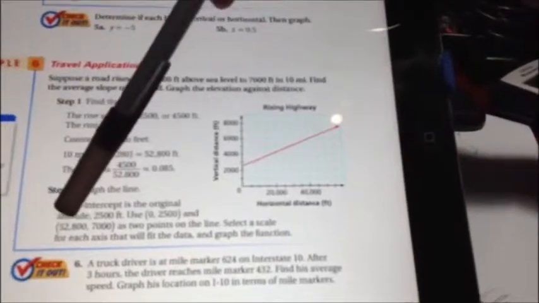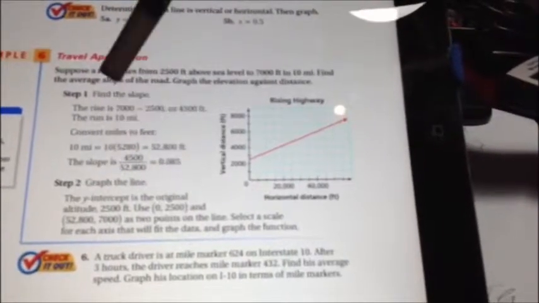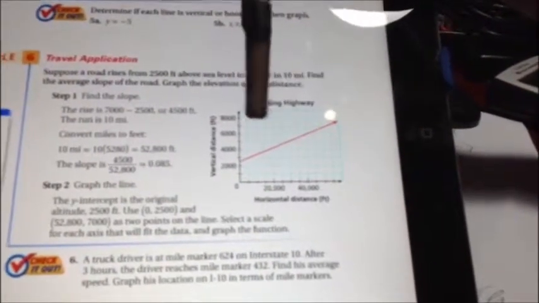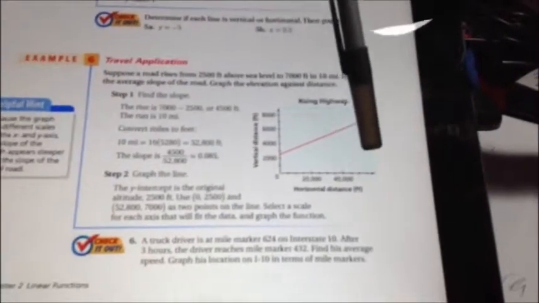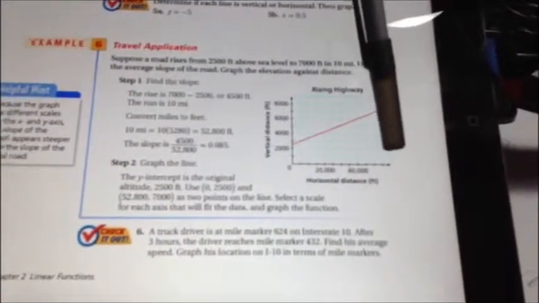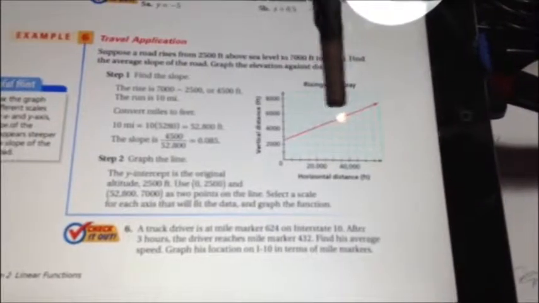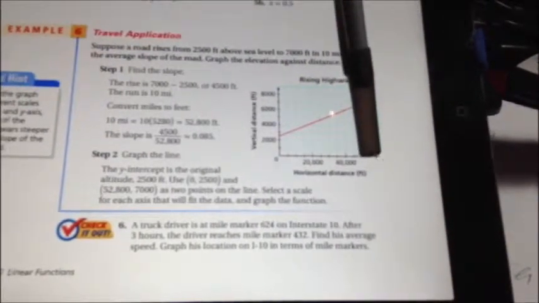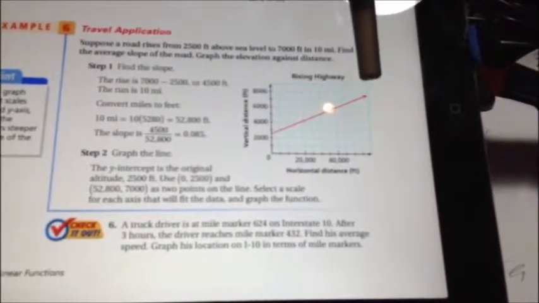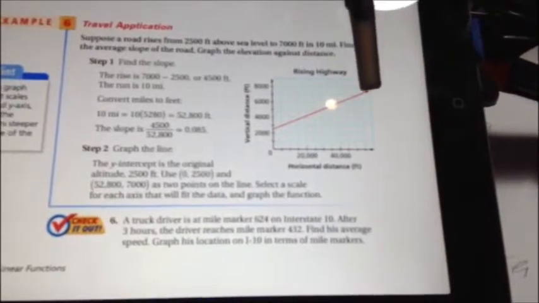The other point, 52,800. 52,000 would go here, and 7,000 here, so it would be like right there, right in the point.